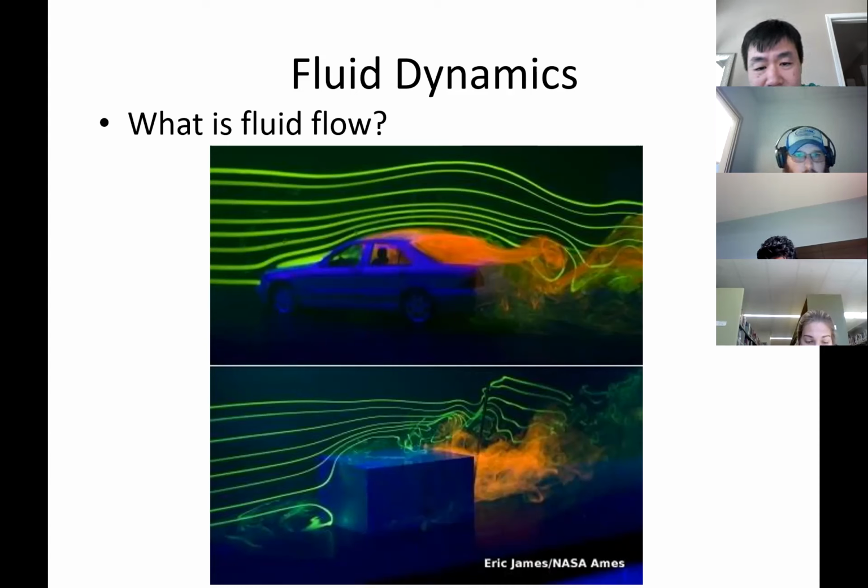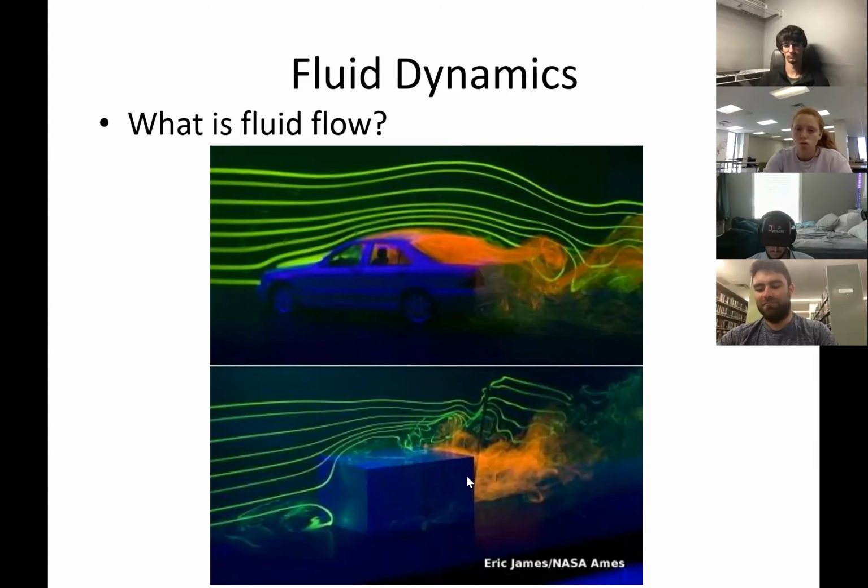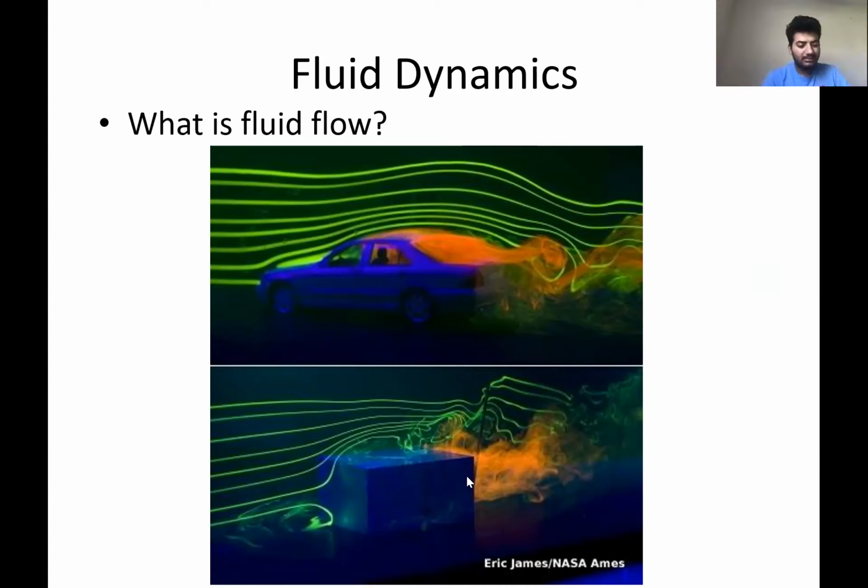Obviously, the wind blows to these two objects, and they put the smoke on. What does the smoke show you? Can you tell the difference between these two objects? Anybody? Do you see any differences?